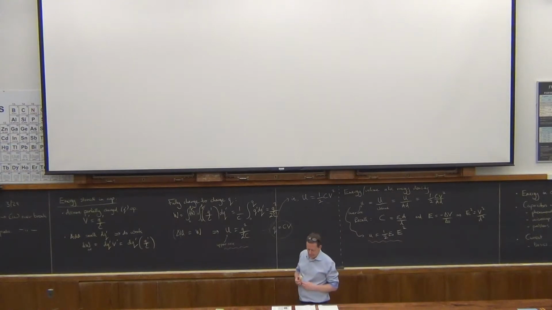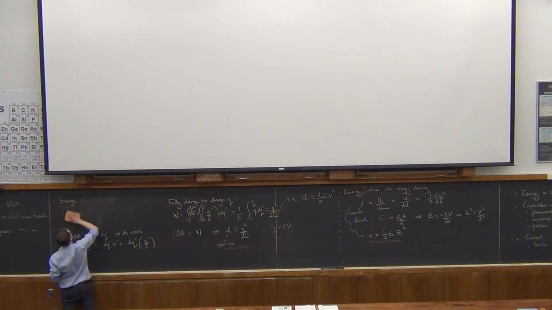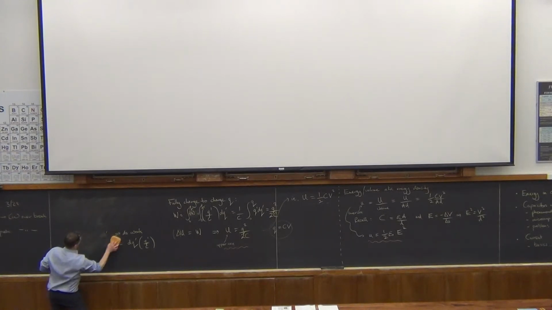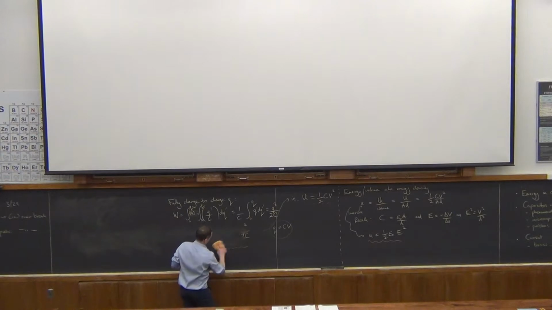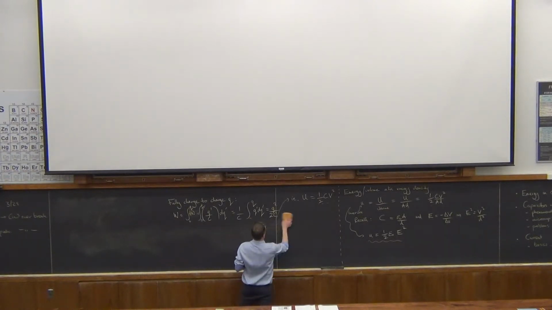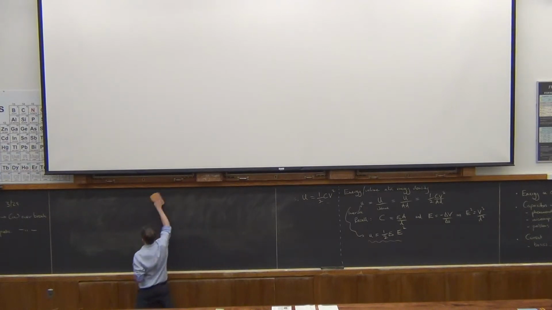And then we'll work through a couple of problems. So let me start over here. Pretty much any practical capacitor you might ever use will have a dielectric in it. So obviously of great practical relevance.